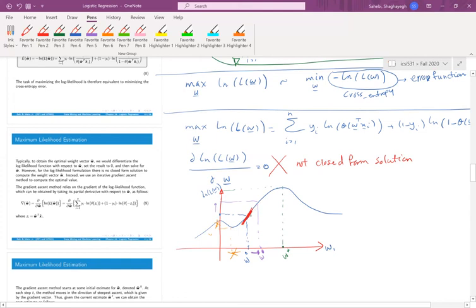So what is this slope? This is the gradient. This is equivalent to the gradient of my function at point W0. So if the gradient is positive, then I will go in the direction of the gradient. So I will go to the right, to the more positive side, and then I will get higher values of the function.